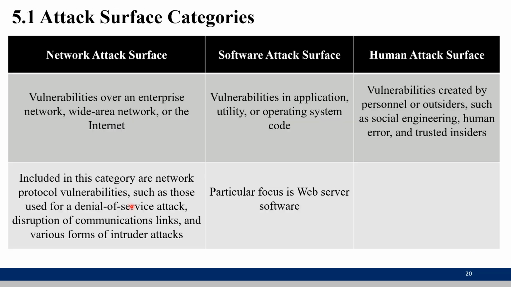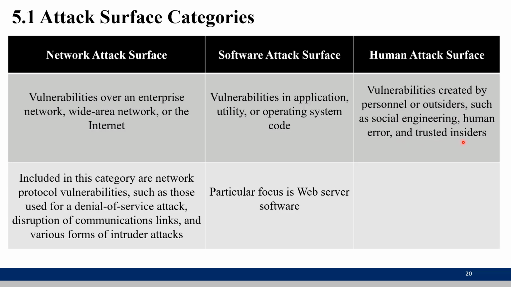Now you can see we can divide these attack surfaces into 3 categories. One is the network attack surface, the second is the software attack surface, and the third is the human attack surface. The human attack surface is what we discussed last. It means the vulnerabilities created by personnel or outsiders, such as social engineering, human error, and trusted insiders.